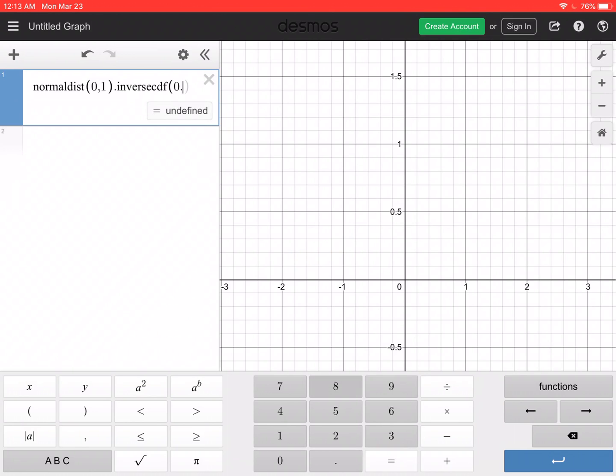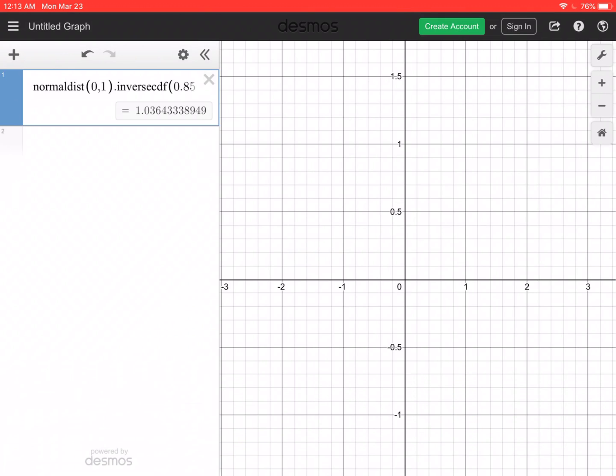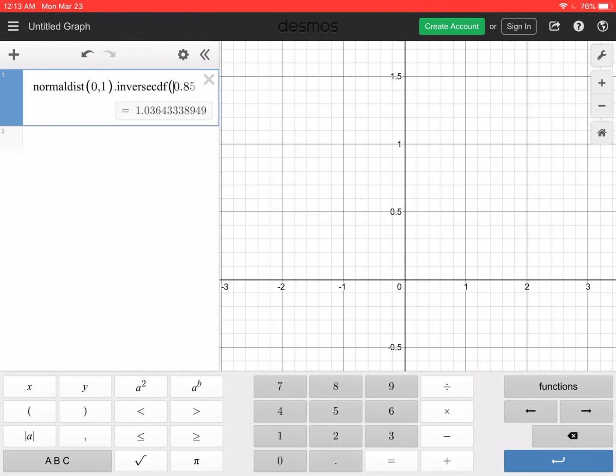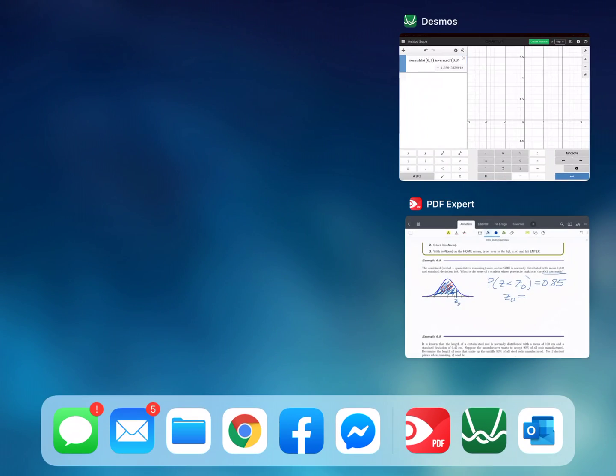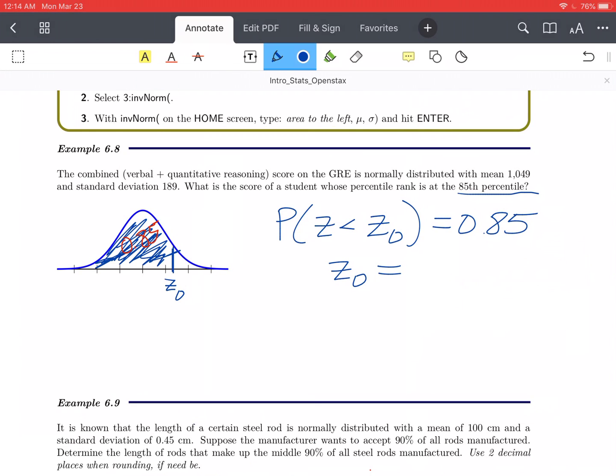In this case we're looking for 0.85, and the number that it gives us is going to be the z-score. So you take normal distribution dot inverse CDF, put in whatever proportion of your area you want less than that number, and we get, in this case, 1.036.